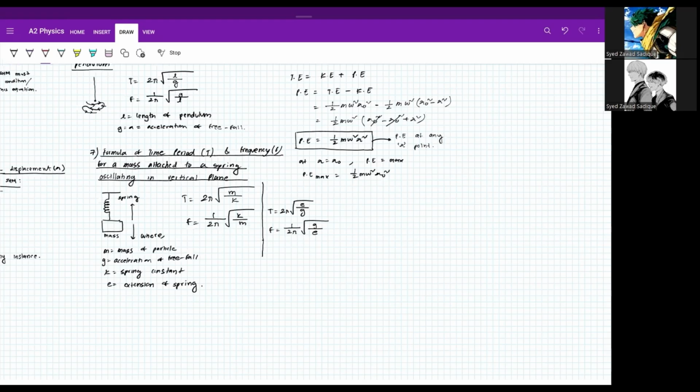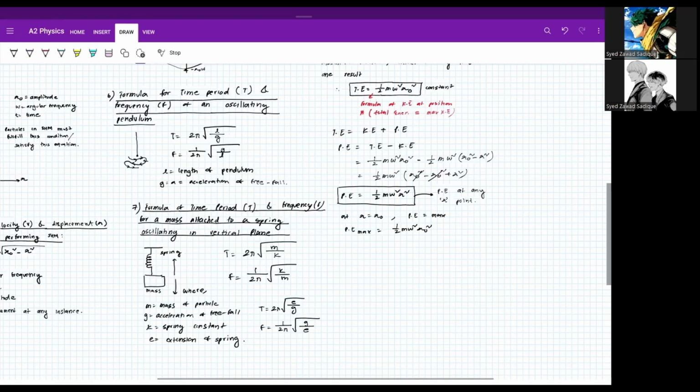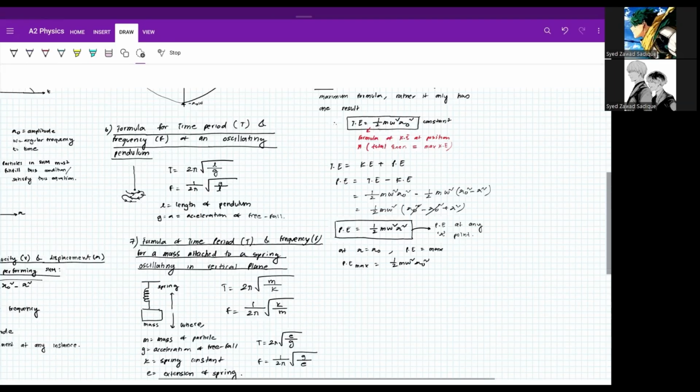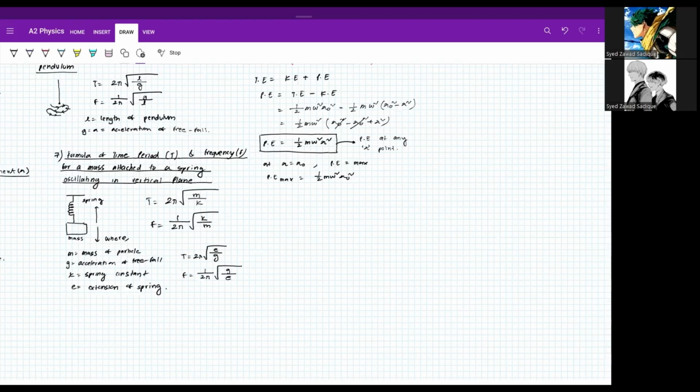So that's not confusing. Oh, actually, this is kind of confusing. So what I'm going to do is separate these two. Why does it not work? Okay, I think it will work now.